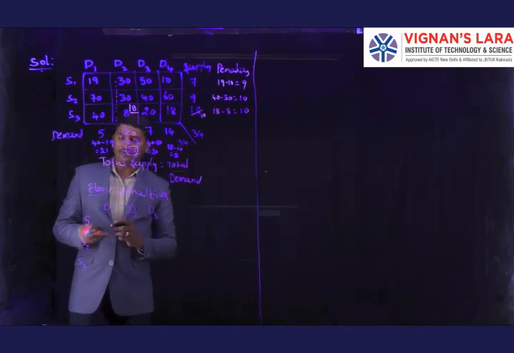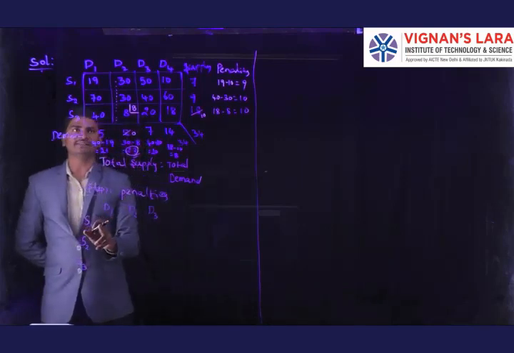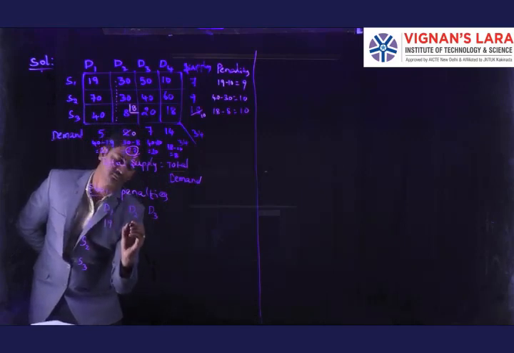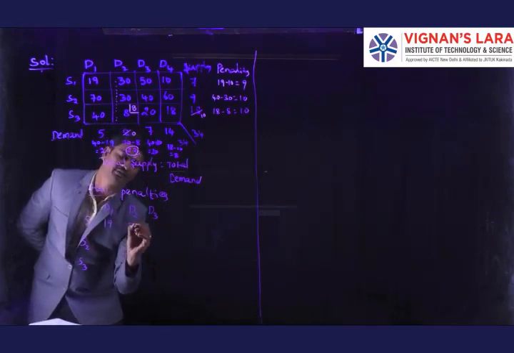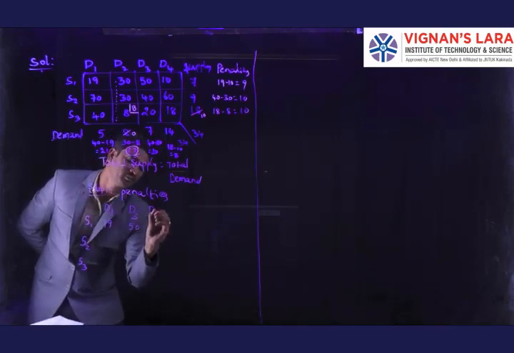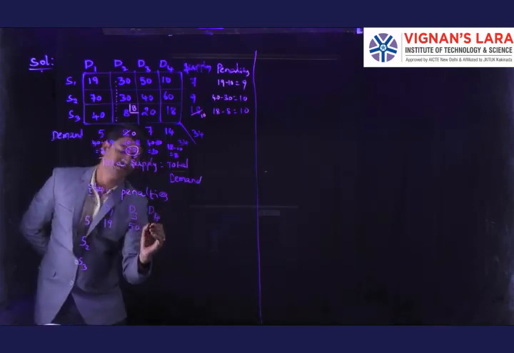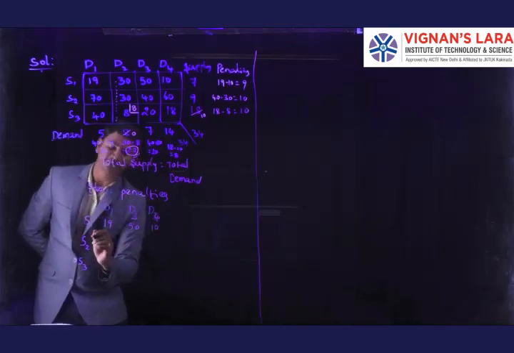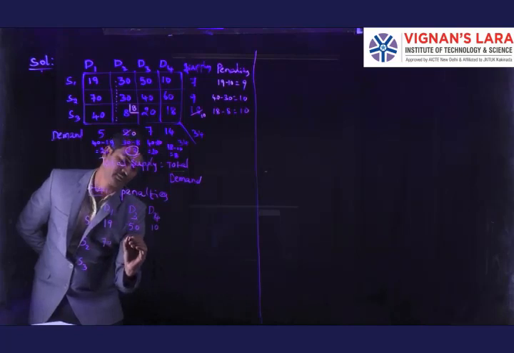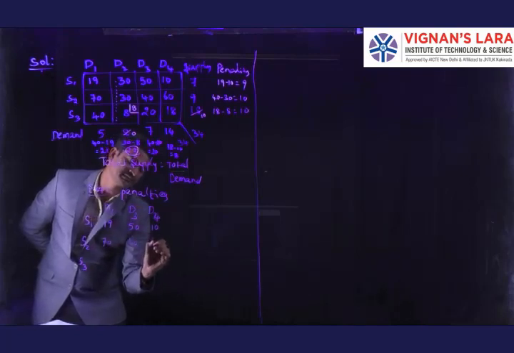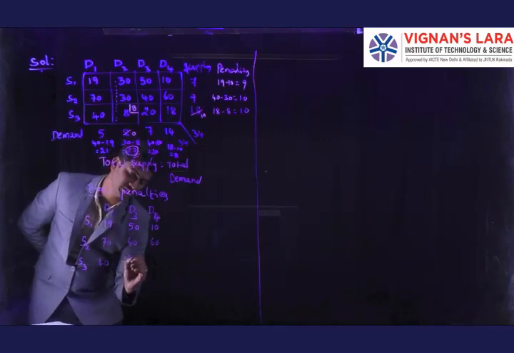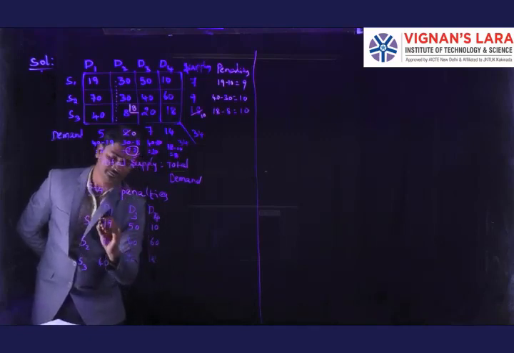For each station we have the values 19, 50, 10, and here 70, 40, 60, and here 40, 20, 18.